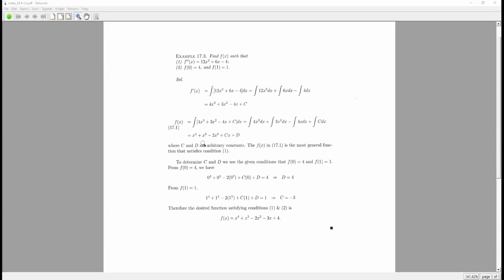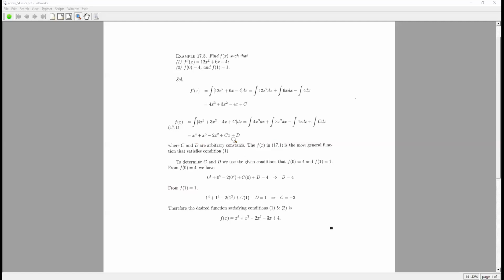The antiderivative of 4x cubed is x to the 4th. The antiderivative of 3x squared is x cubed. The antiderivative of 4x is 2x squared. And the antiderivative of the constant c is c times x. Then add an arbitrary constant d. I use d because I have used c here. c and d are arbitrary constants and they are independent of each other.